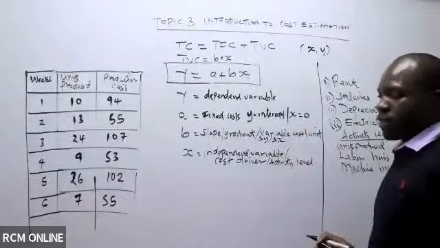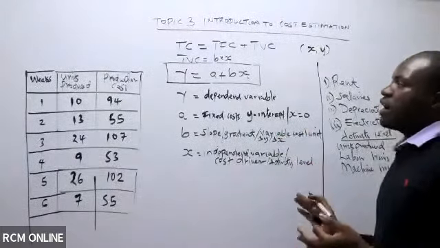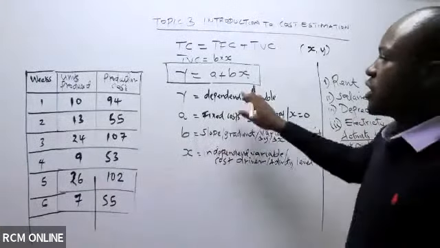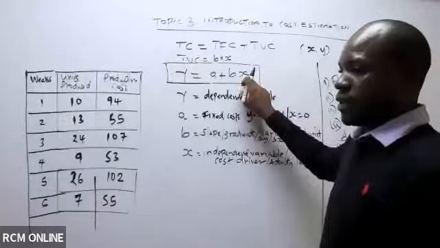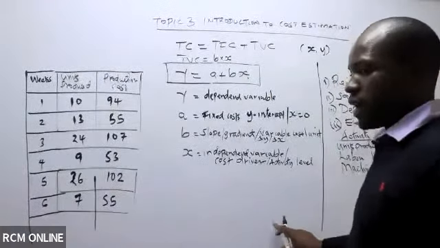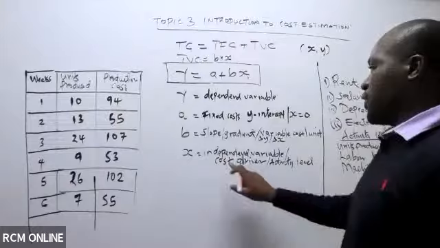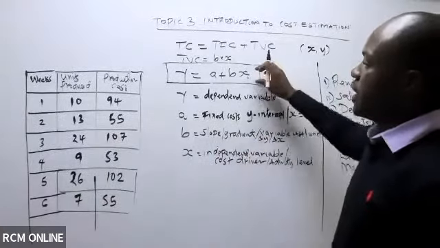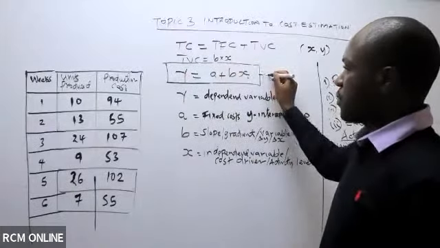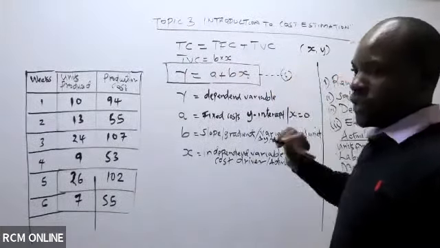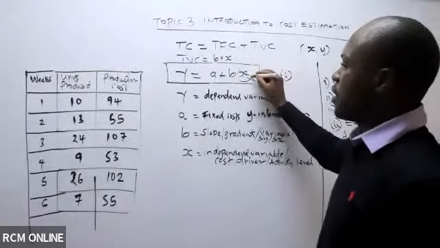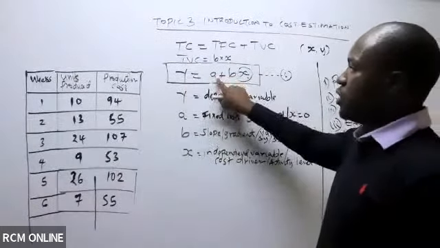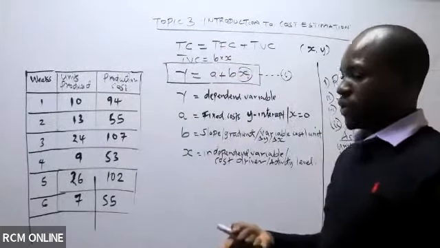It dictates. If you want to look at what we are going to have as the total production cost, the total cost incurred, then you must look at the behavior of X, the units produced, the activity level here. So this is the independent variable. It dictates what we are going to have, which means in the entire cost function, it is only X that determines the value of Y. A, which is fixed cost, will be constant throughout.